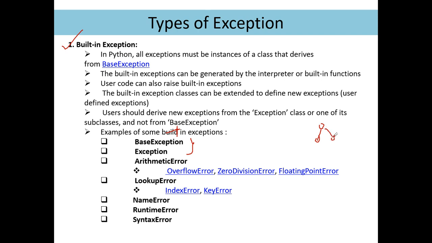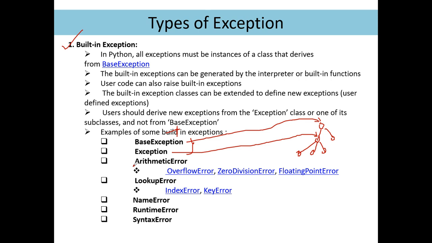Like in Java, you have this kind of hierarchical structure for exceptions. So the root is your BaseException class. It is the first class, the root class. And the Exception class may be something like that.